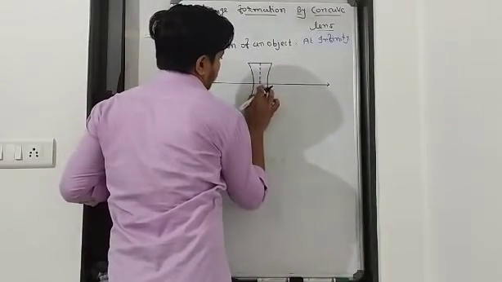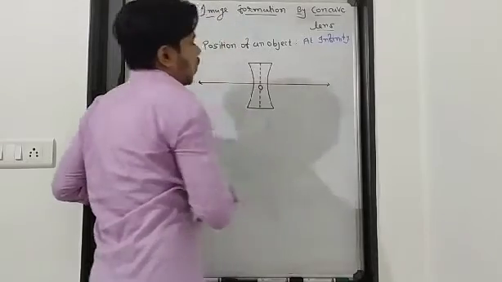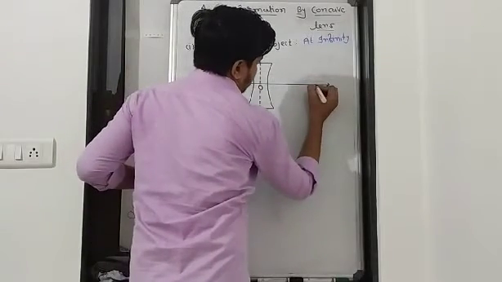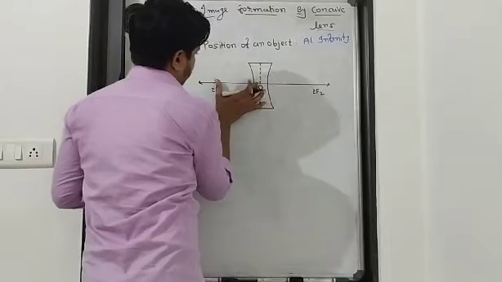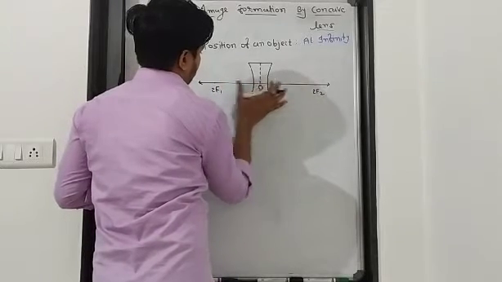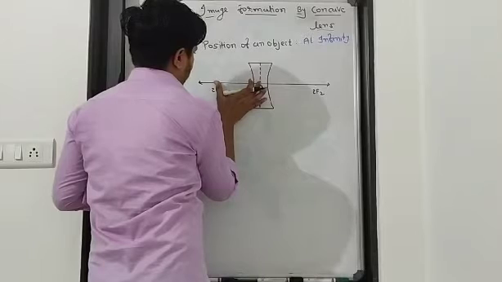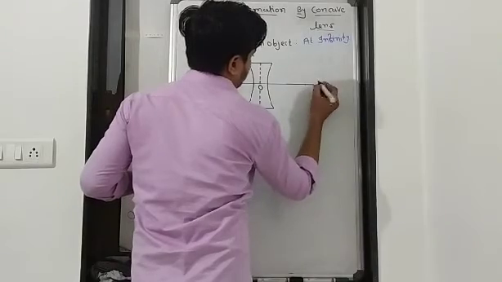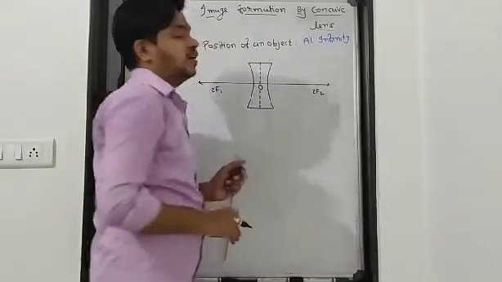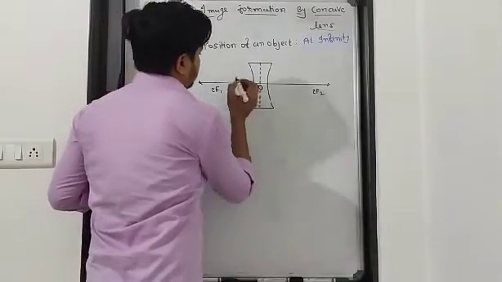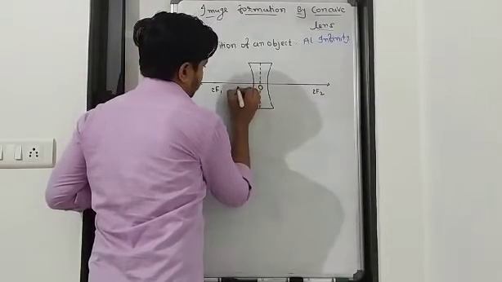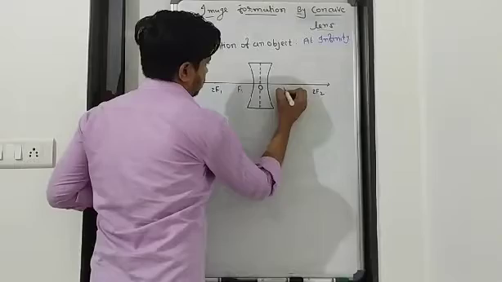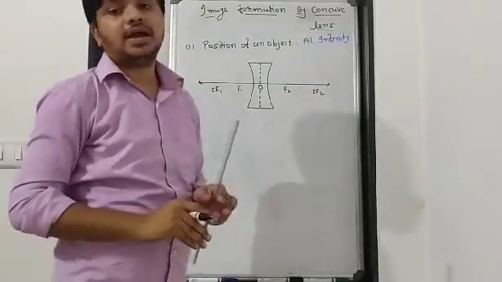There is the optical center O. On the center of one circle, 2F1, and on the center of another circle, 2F2. So here 2F1, here 2F2. Exactly on the center, there should be F1 and F2.